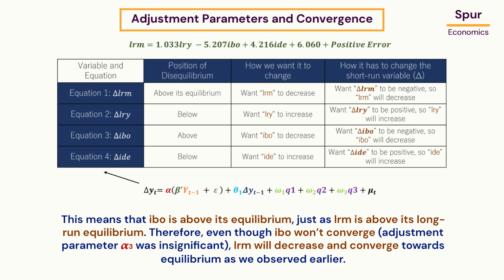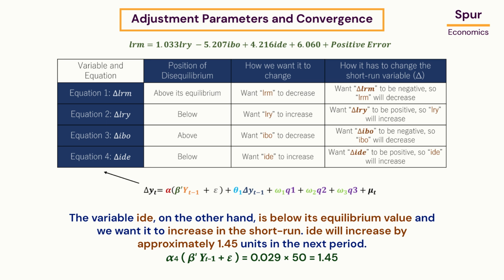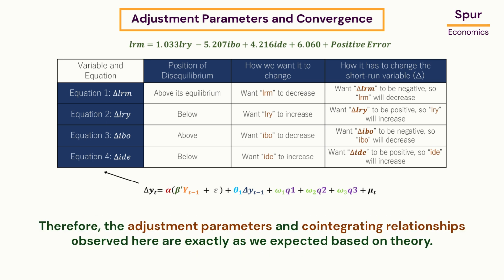Therefore, even though IBO won't converge, LRM will decrease and converge towards equilibrium as we observed earlier. The variable IDE, on the other hand, is below its equilibrium value and we want it to increase in the short run. IDE will increase by approximately 1.45 units in the next period. Therefore, the adjustment parameters and cointegrating relationships observed here are exactly as we expected based on theory.